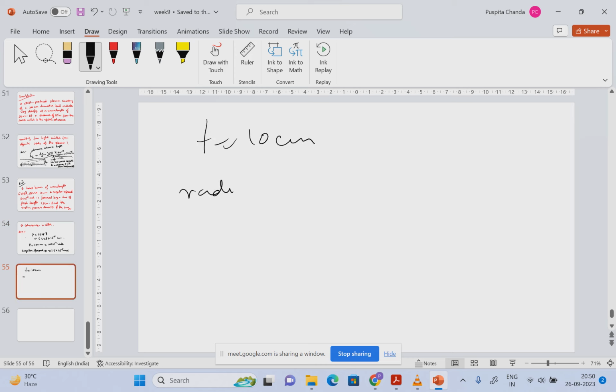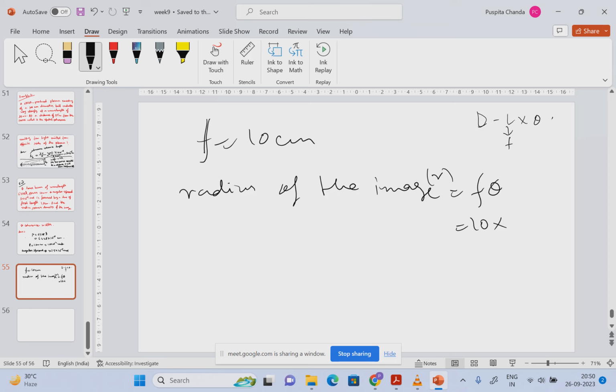So the radius of the image is r equal to F into theta, which is 10 into 1.5 into 10 to the power minus 5. So this is 1.5 into 10 to the power minus 4 centimeter.